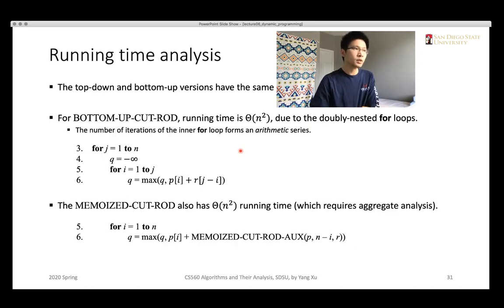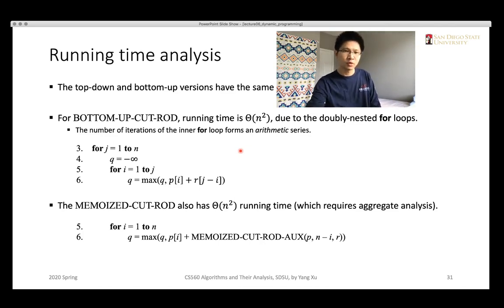So basically, it's quite straightforward to see that the bottom-up method has a quadratic running time because it's two nested for loops that result in an arithmetic series of total executions needed. And it turns out that the top-down method, the memoized cut rod, also has the same running time.